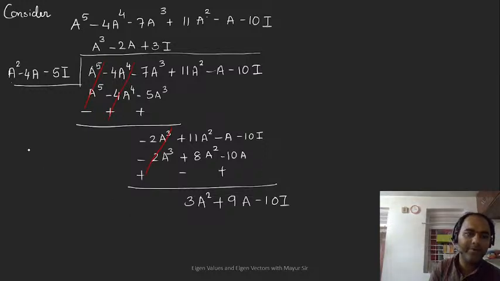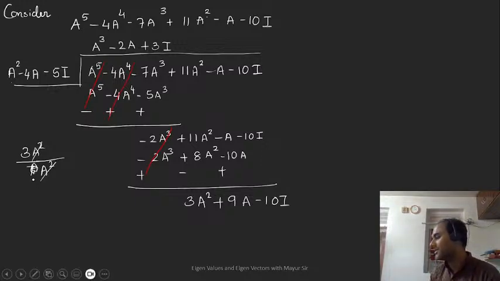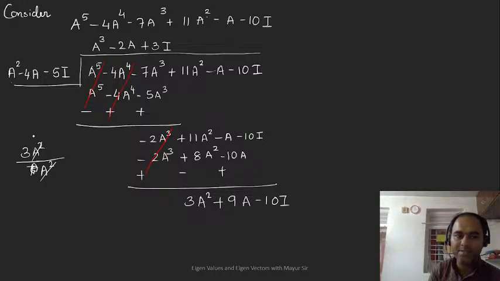Now see, when you divide 3a square by a square, you will say, sir, we get 3. No, it is 3i. It is a matrix, so you should get a matrix as an answer. We are not doing strong notions, but remember, it is not 3, it is 3i.